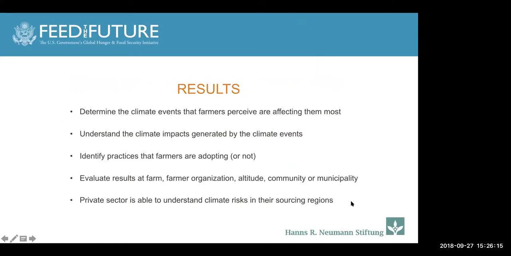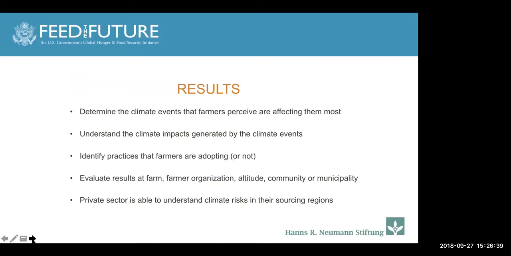And finally, we can evaluate the results at farm level, but also we can understand what the farmer organization is doing or not, and how farmers are being affected according to different altitudes. So are the farmers in the lowlands being affected more than the ones from the highlands?